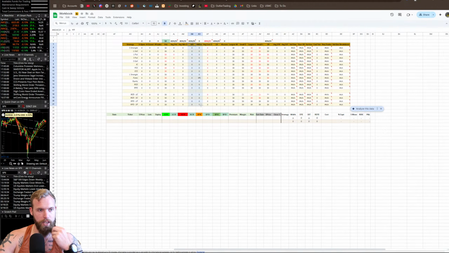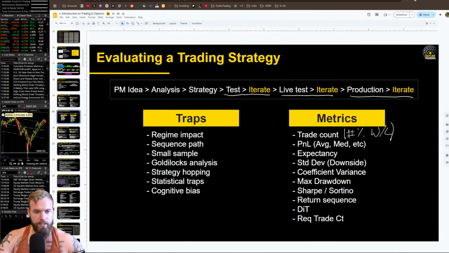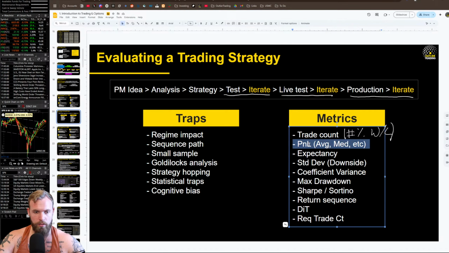Then I segment the wins here. I segment the losses here. I look at the extremes, the tails, max and min. And then I also calculate the expected return. You can do different permutations for average P&L from expected return. But in this case, I calculate this separately. So that's essentially how I'm breaking out the trade count, the P&L, and the expectancy.